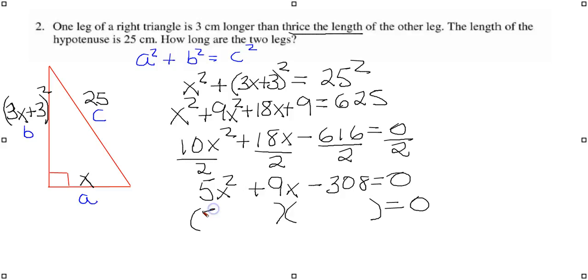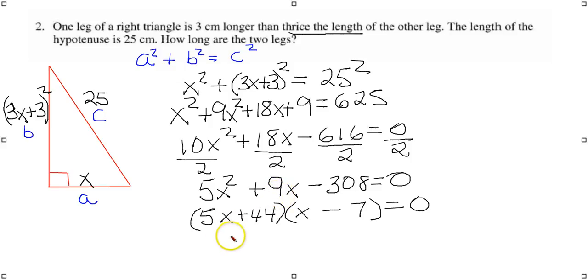Now here you know it's going to be a 5x, but now you'd have to look for factors of this 308, and it comes out actually as 44 times 7. Now what will our signs be? Well, our middle sign is a positive, so this one is going to be a negative, and this will be a positive, because this is 35, 44, the difference is 9.